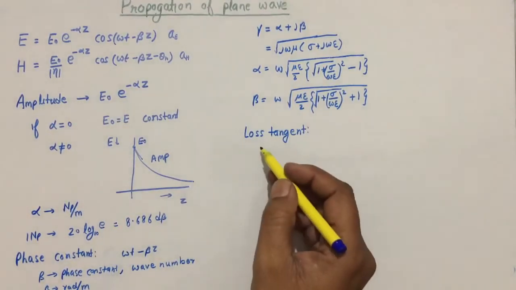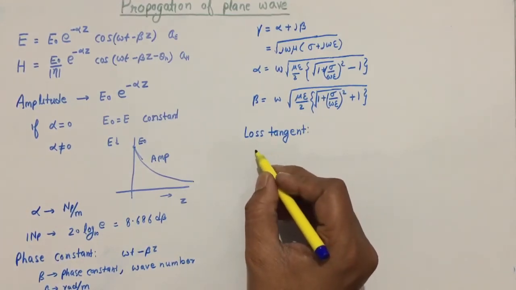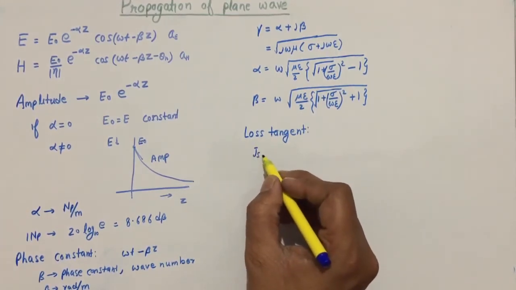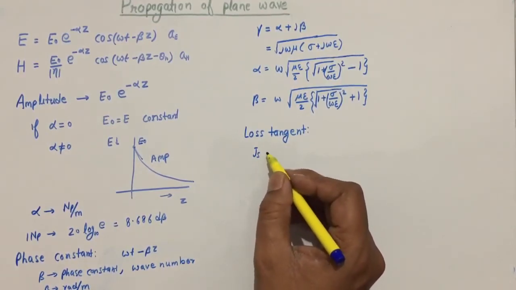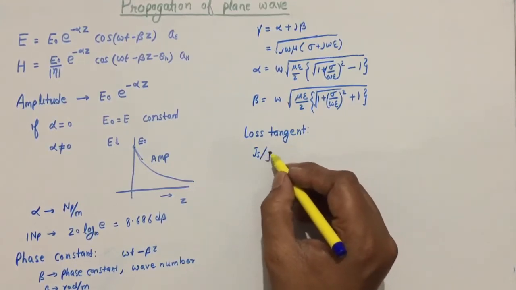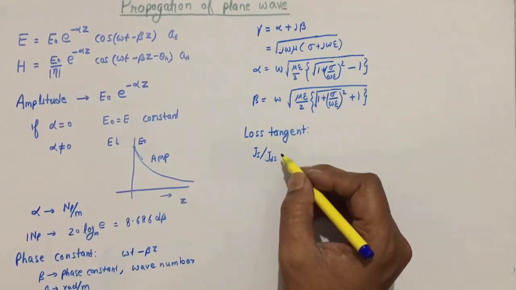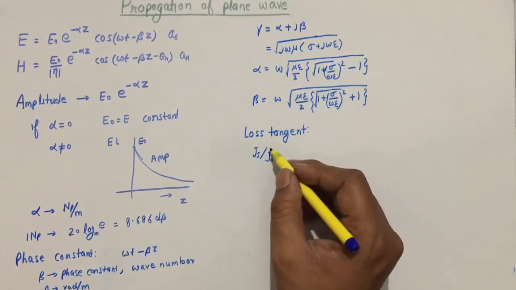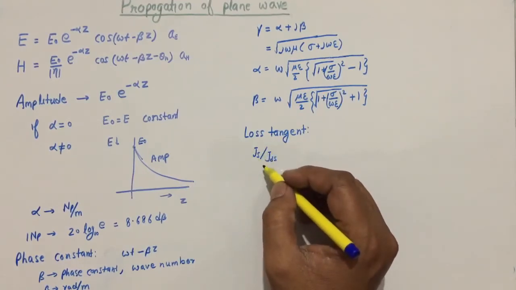Loss tangent is defined as the ratio of the conduction current density, that is Jc, to the displacement current density, that is Jd, in a lossy medium. This ratio is termed as loss tangent.